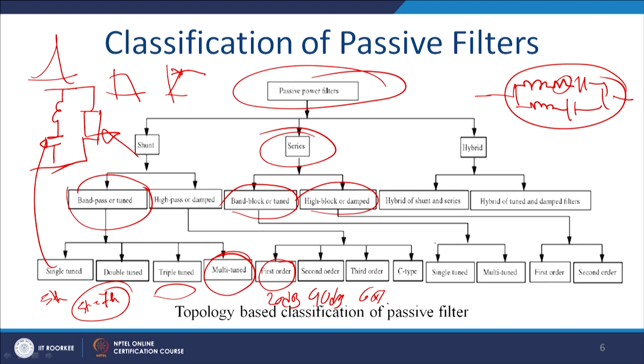Same way for this entity, you can see that band block will have a single tune as well as a multi tune, and for series also high block or damped, it can be 20 dB decay, that is first order, or 40 dB decay second order. These are the total combinations of the shunt active and passive filter topologies that can be available to you.